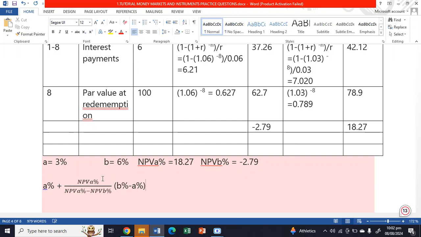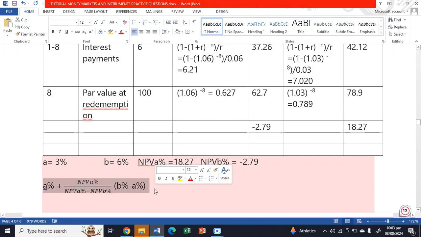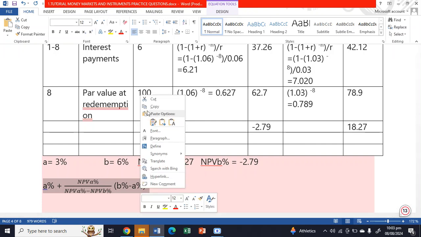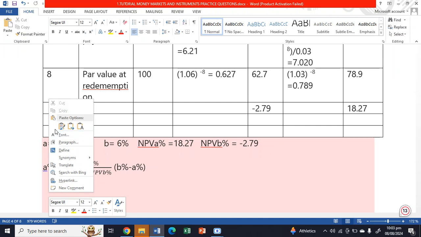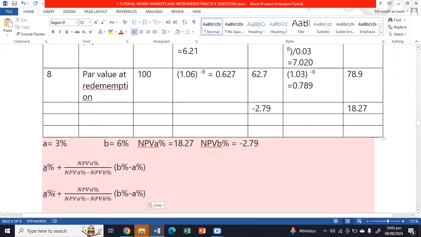If you want to make life easy, instead of using A, you can use L so that you remember that it's the lower discount rate. Instead of using B, you can use H so that you remember it's the higher discount rate. Because I know at times you might forget and take A percent as the higher discount rate. You might switch them up. So it's usually good to use L and H.